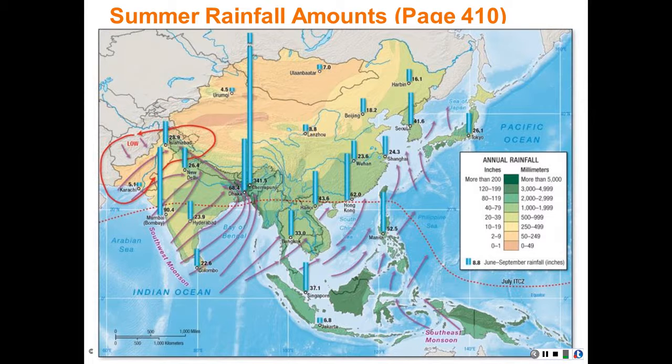Let's talk about the monsoons here a little bit now. As we look at the summer rainfall amount map from page 410 in your text, we see the intertropical convergence zone, represented as a line where it sits in July by this red dotted line.